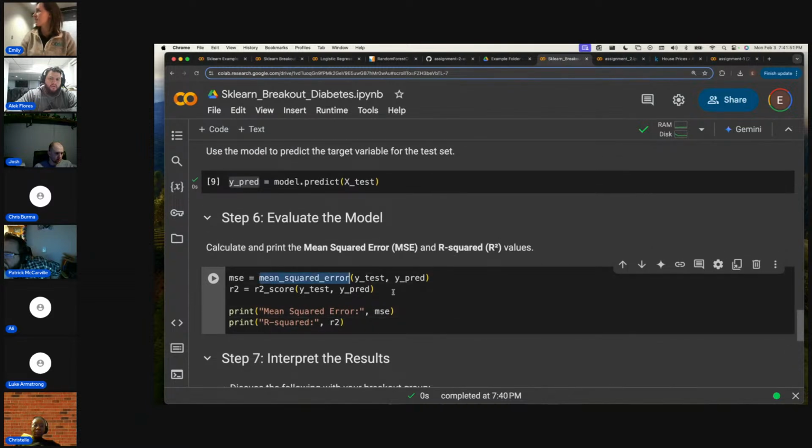All right, MSE equals our mean squared error, y_test, y_pred. The R squared, we're going to call this R squared function from sklearn. We're going to pass y_test and y_pred. Why are we passing y_test and y_pred?